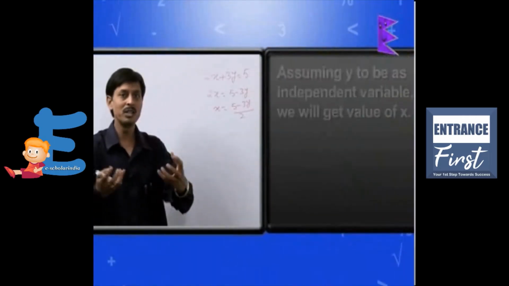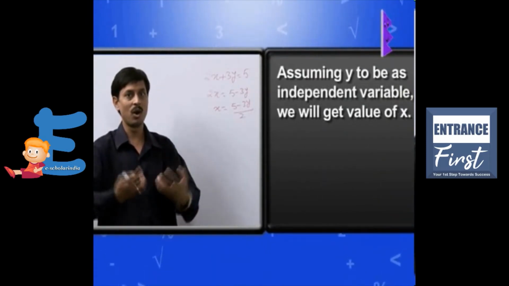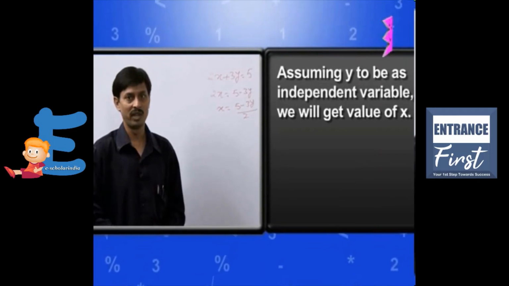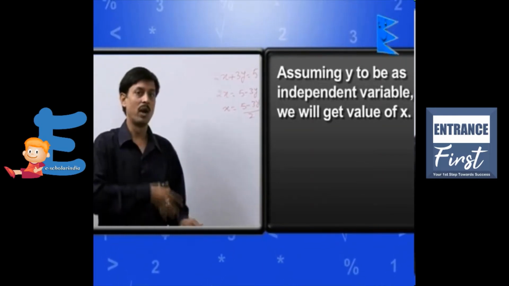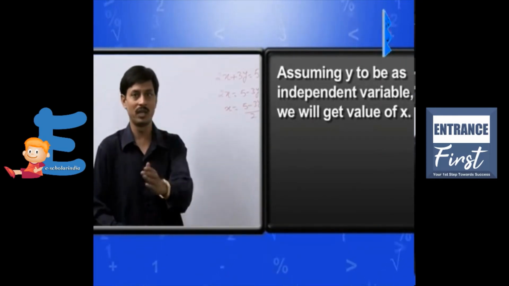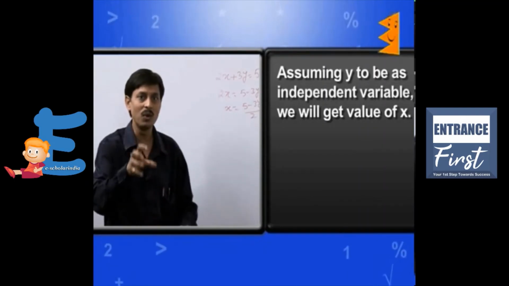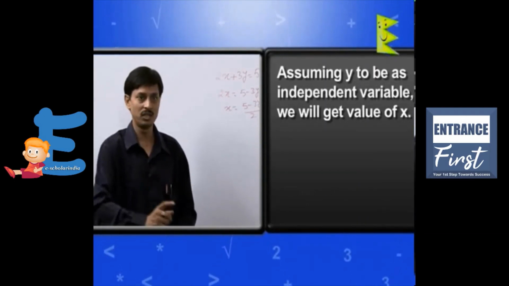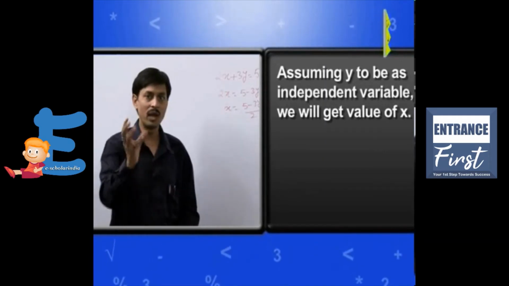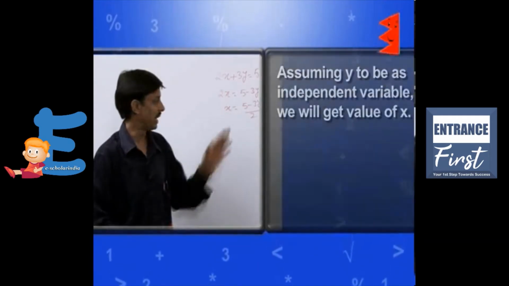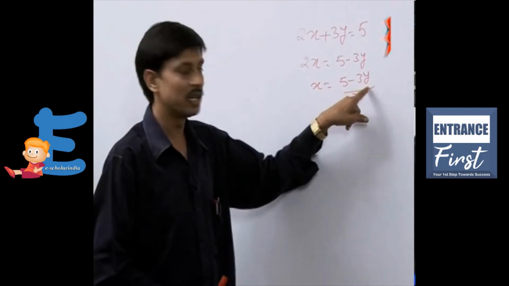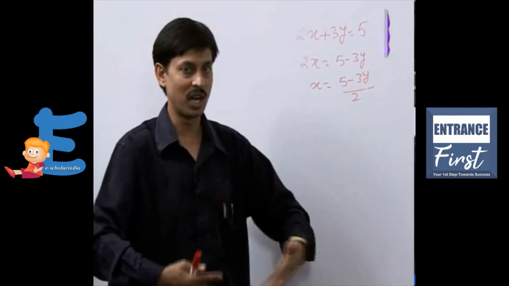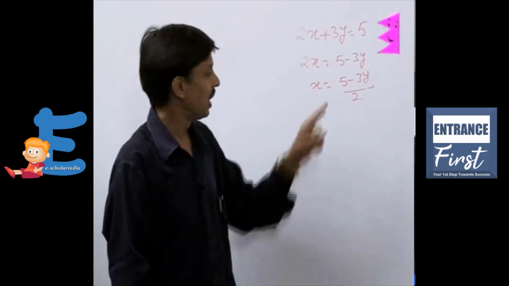Here I will opt the values of y. So y is the independent variable, and whatever value of y is fixed, automatically the value of x is bound to come. I cannot change the value of x if the value of y is already accepted. So y is the independent variable because I will choose the values of y.